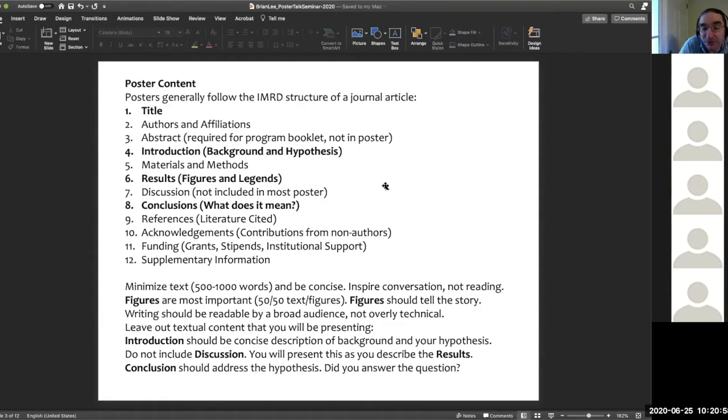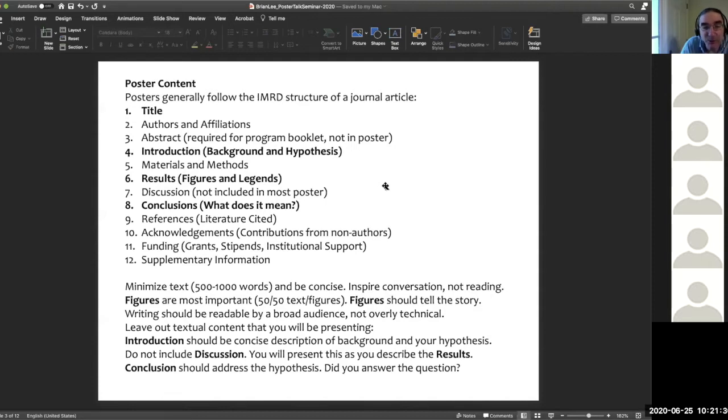You want to put your text in a way that is approachable to everybody in the general field, whether that's chemistry, biochemistry, or biology. Not necessarily the lay public, but a very broad audience with a science background, maybe not in your particular field. So not overly technical.